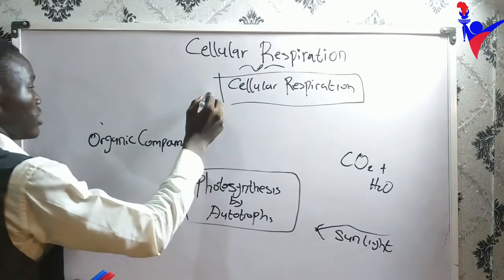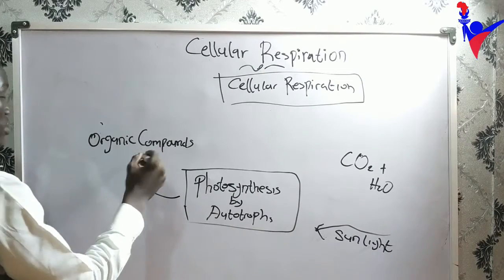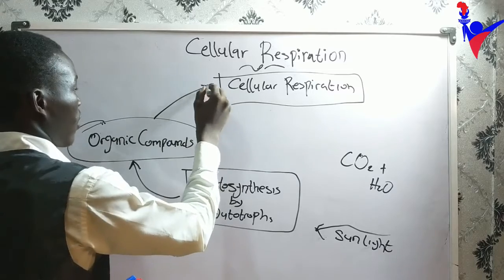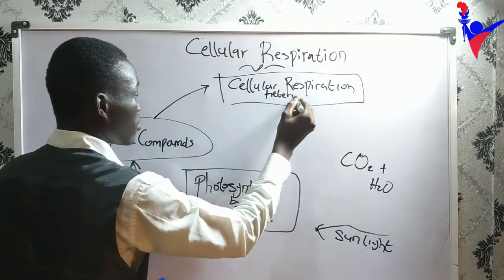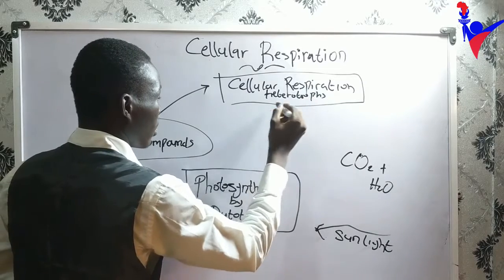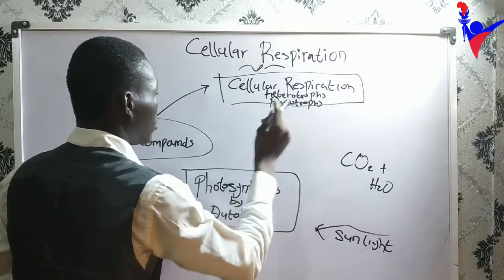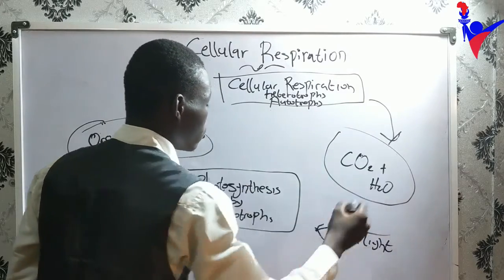So you can see that from photosynthesis, we get this compound. Then our cellular respiration, that's heterotrophs and autotrophs also, they use that to form CO2 and water.